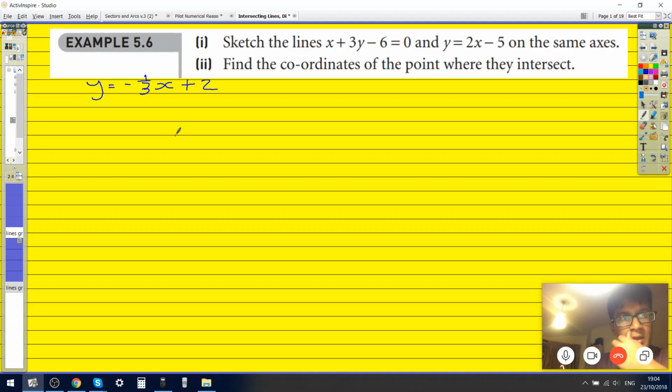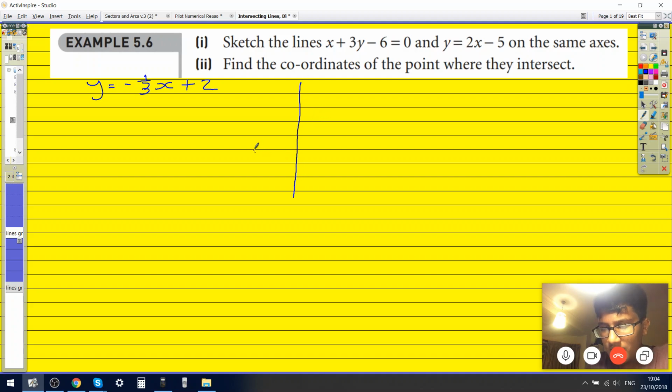So I'll just draw that. So 2x minus 5. So we'll mark the y-intercept at minus 5. We'll just draw a line there and say minus 5.